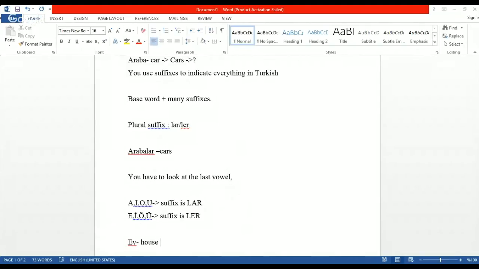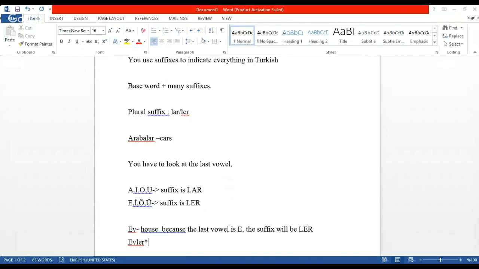The last vowel of this word is e, and therefore the suffix will be ler: evler, houses.